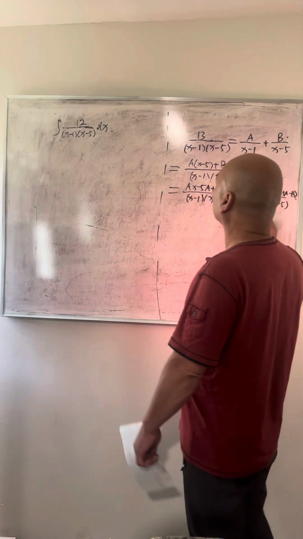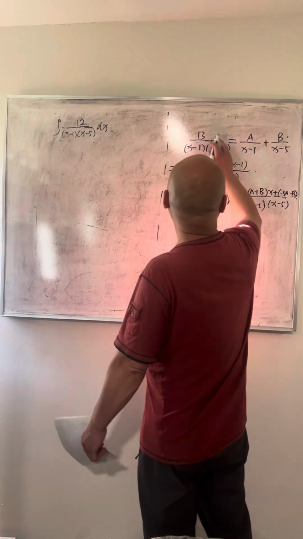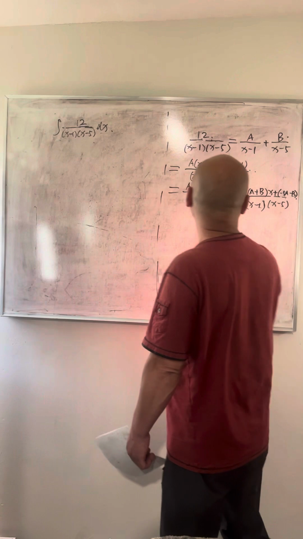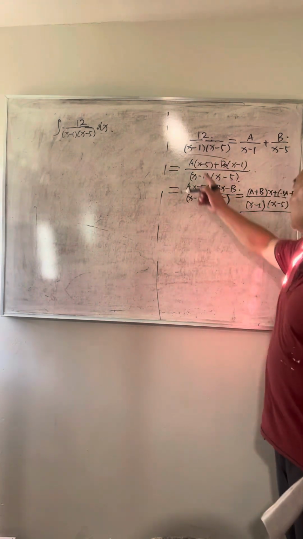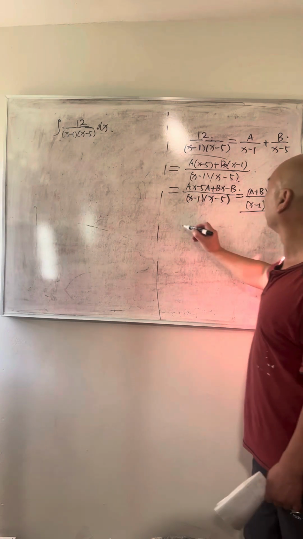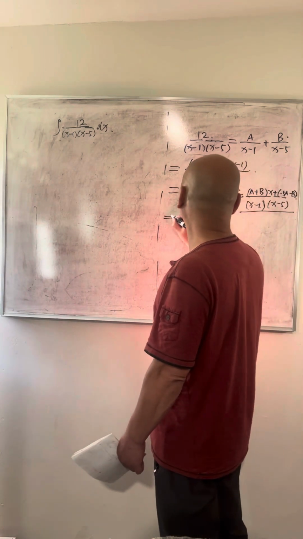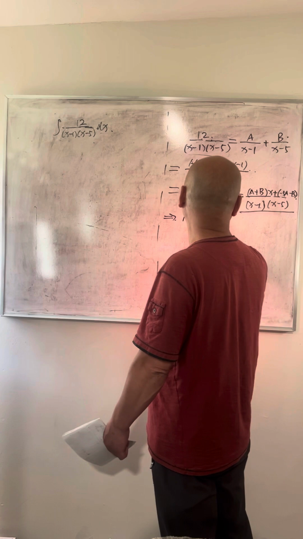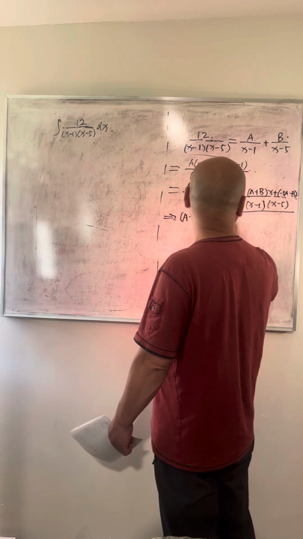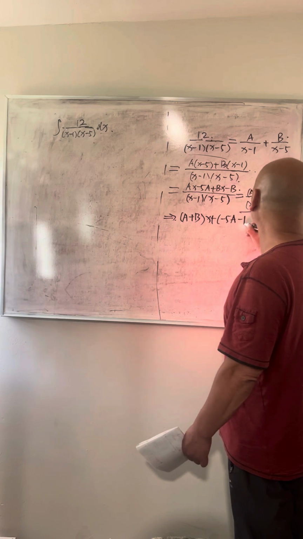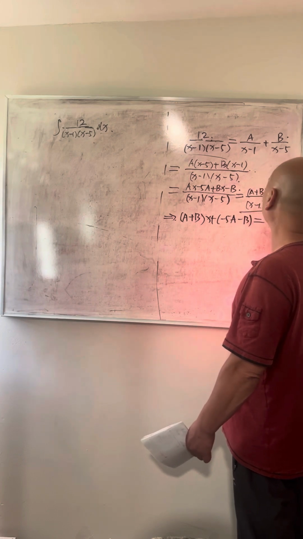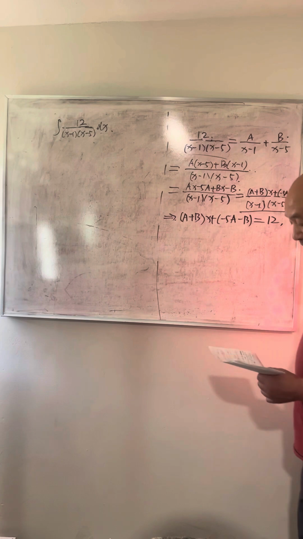Now, last one, look at this, it's 12. This equals this. The denominator is the same, so the numerator must be the same. Then we got (a plus b) x plus negative 5a minus b. That should be 12.